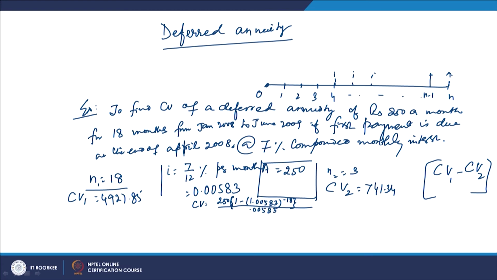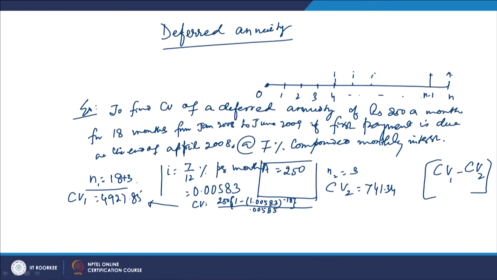This way you get the value 4927.85, and when n becomes equal to 3, then you will have the second value.